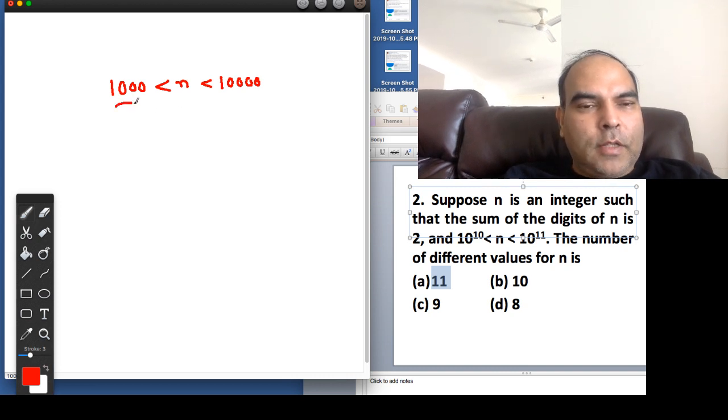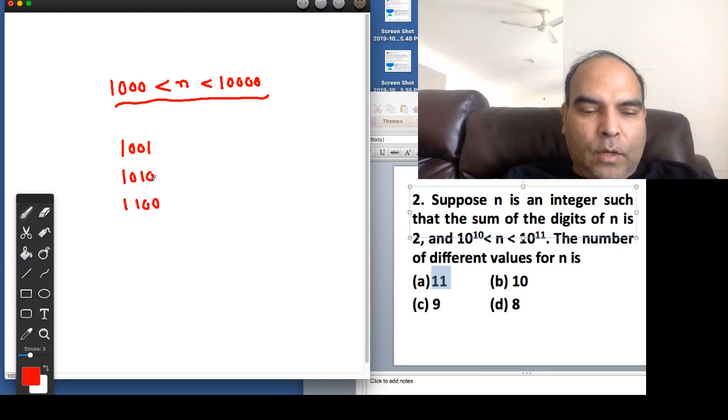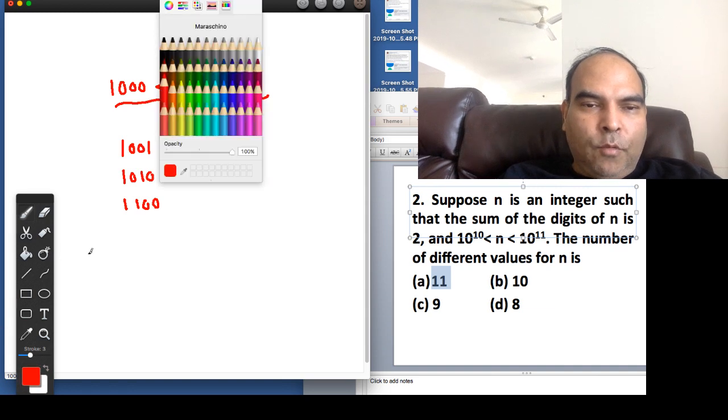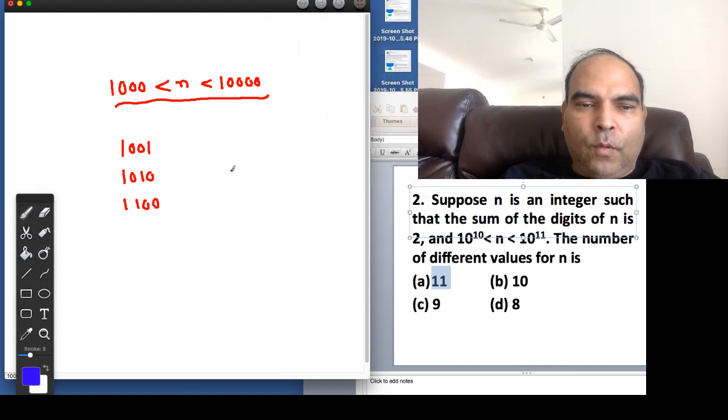You will be able to see the logic easier: if I want sum of digits 2 with 2 ones, I have 3 such numbers, because the second one can move from the third place, second place to the first place.